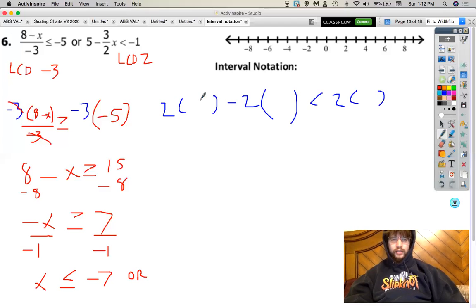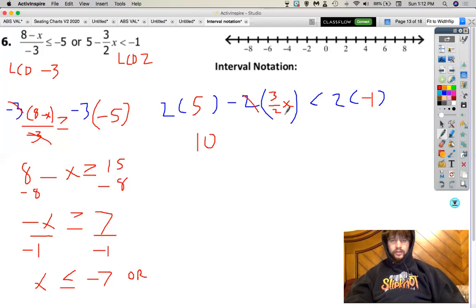I'm just multiplying each thing by 2. So now LCD is 2, I'm multiplying by 2. So 5 minus 3 halves x less than negative 1. All I did was multiply each thing by a positive 2. Multiply by positive, so I did not change my direction.